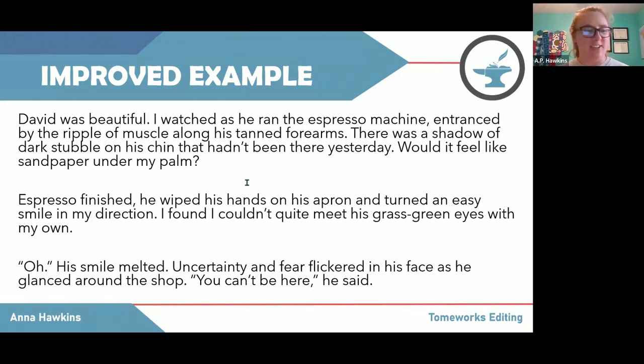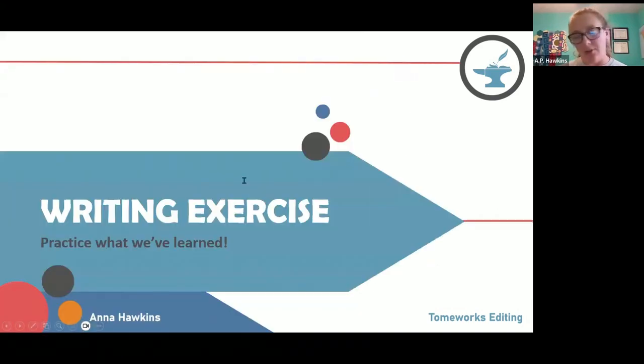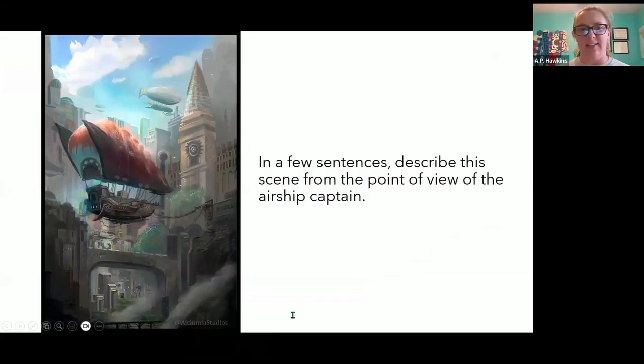All right, so we have a little over 15 minutes left. So we have a writing exercise. You guys are going to get to write a little bit. Here is an image, and I would like y'all to take some time and write a few sentences describing the scene from the point of view of the captain of this airship.